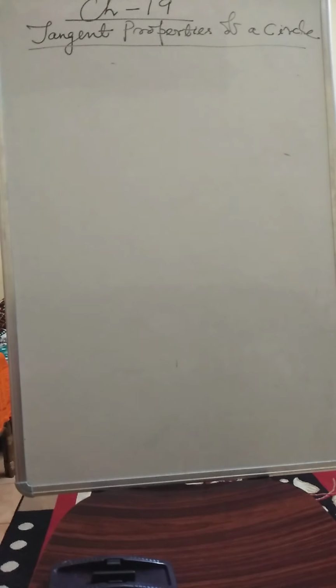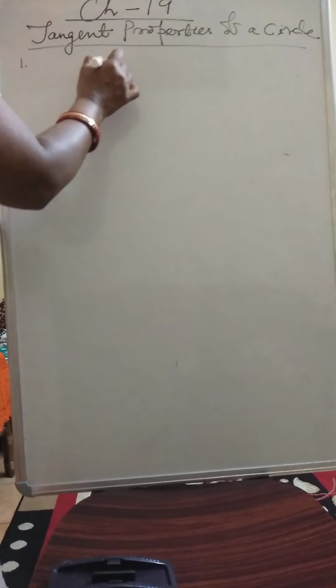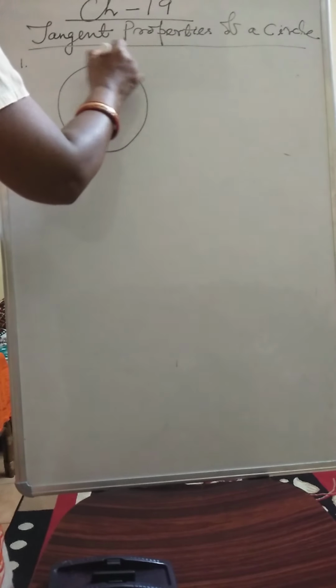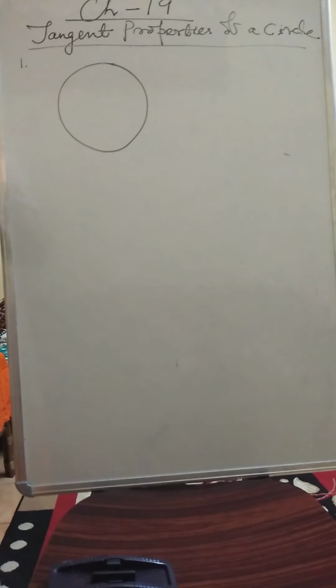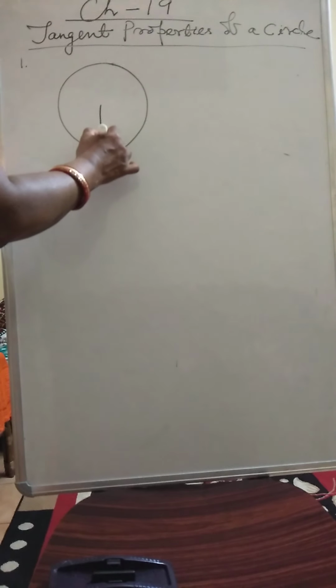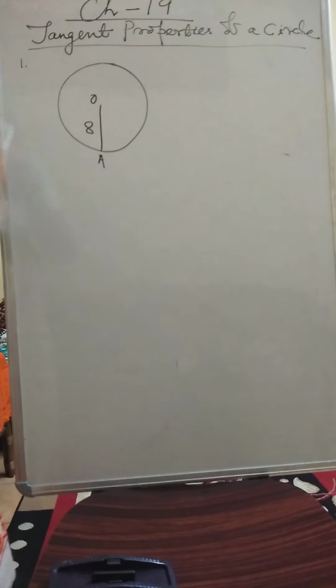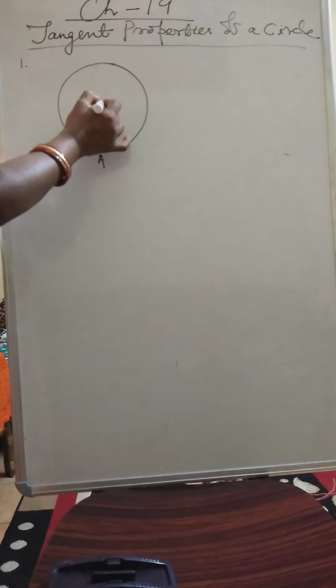Now children, I am doing question number 1. Find the length of the tangent drawn to a circle of radius 8 centimeter. Radius is 8. From a point which is at a distance 10 centimeter from the center of a circle.